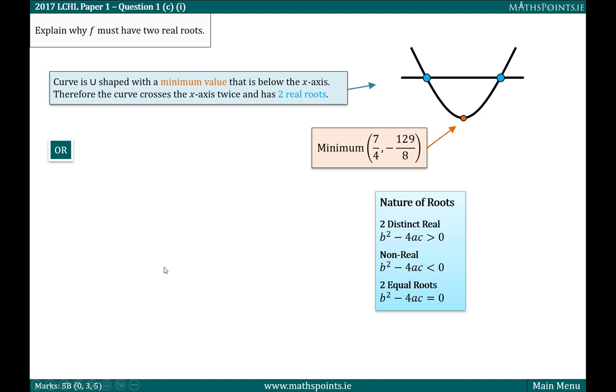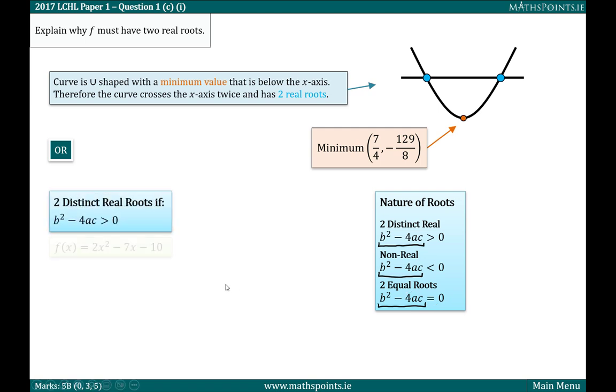The other method we could have done it is, we have the original quadratic expression, and if we take the discriminant of that, b squared minus 4ac, we can determine the nature of the roots. If the discriminant is positive, there's two distinct real roots. If the discriminant is negative, there's no real roots. And if the discriminant is equal to 0, well then there are two equal roots.